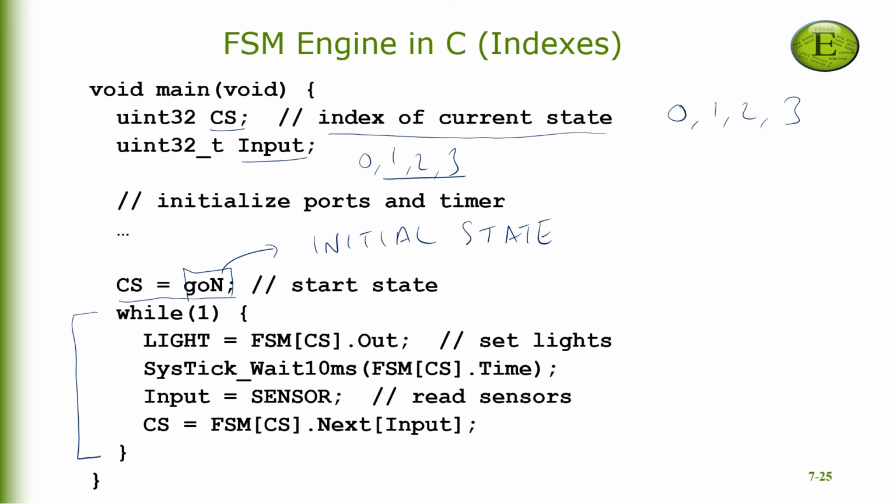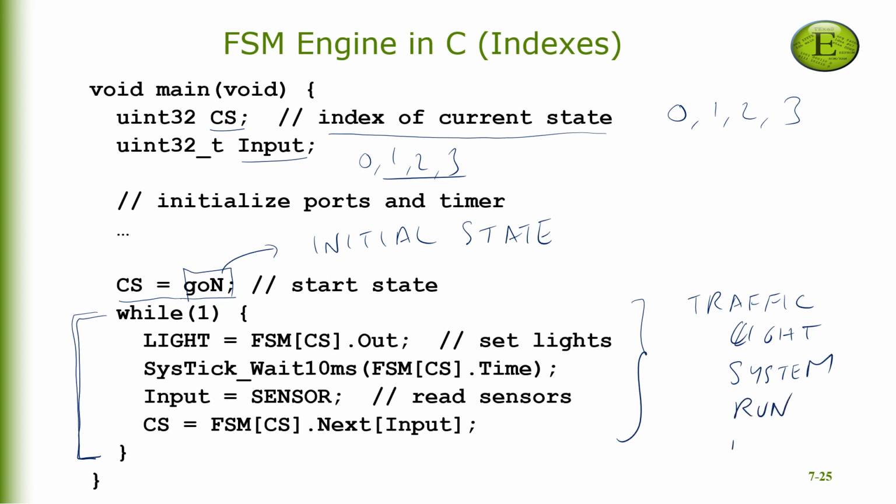But in this case, we should like to keep our microcontroller busy in the infinite loop, while one, which means that the traffic light control system will run forever. So let me put a comment over here: the traffic light system will run forever.